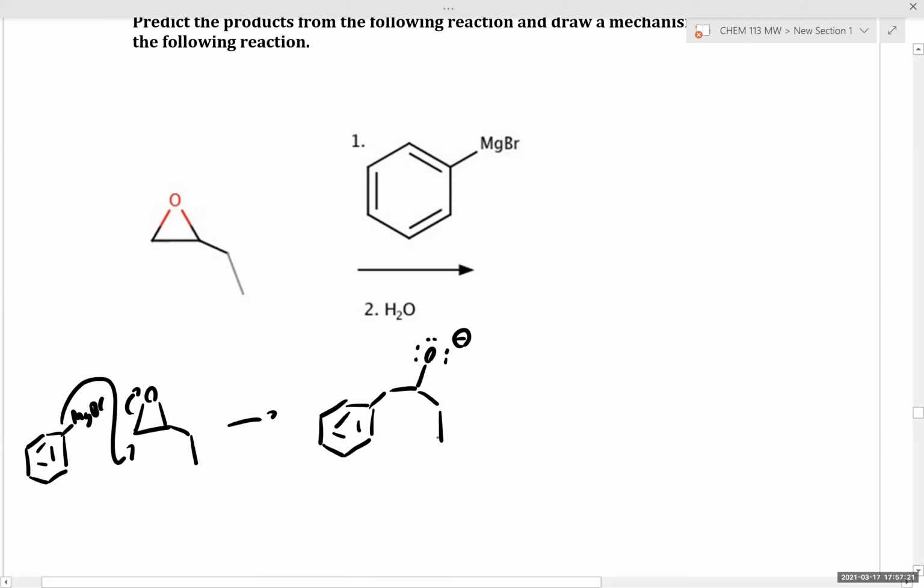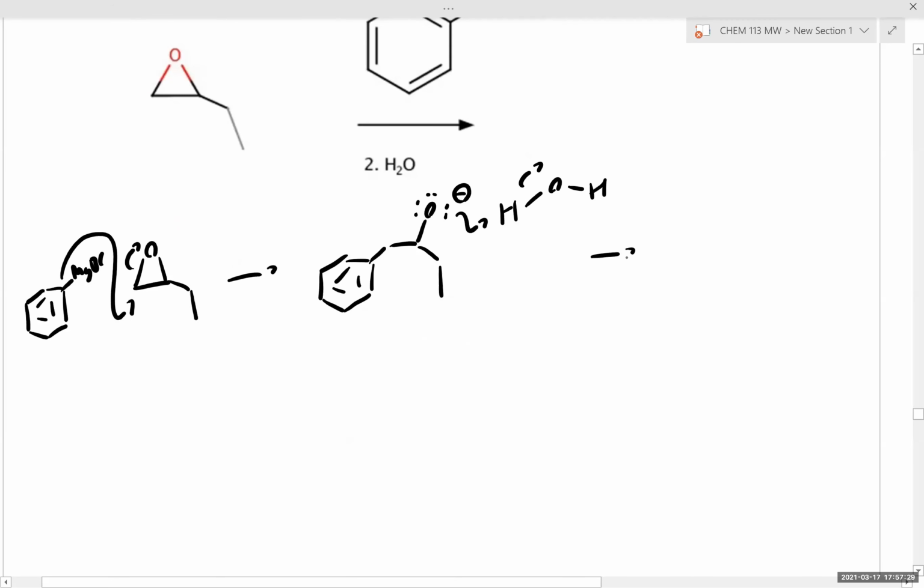And we can trap this with electrophiles, or we can just protonate it. In this case, we're just protonating it. And that in turn gives us our desired substituted secondary alcohol. Could we make this using a Grignard? Sure. But this allows us to access relatively unique patterns of reactivity.